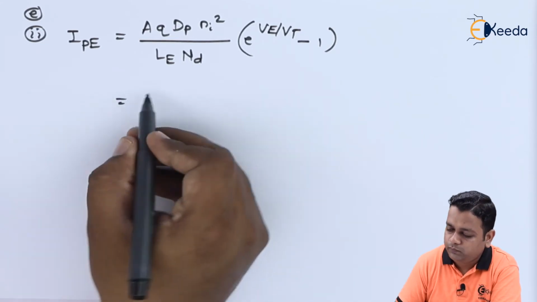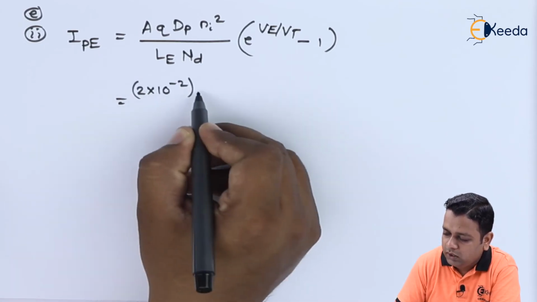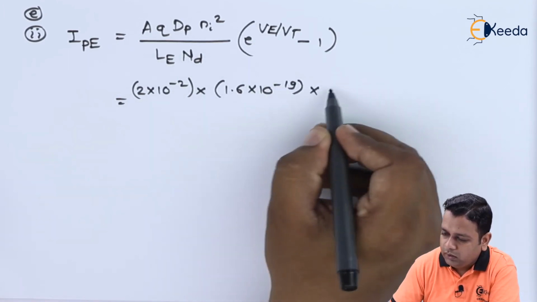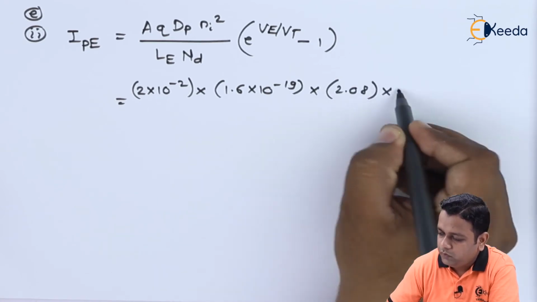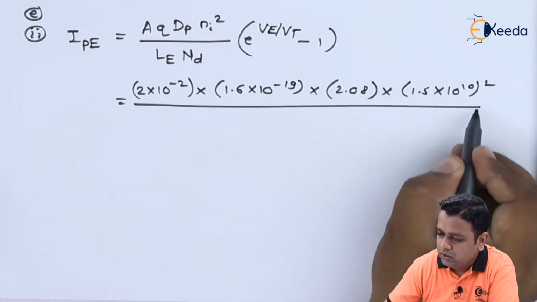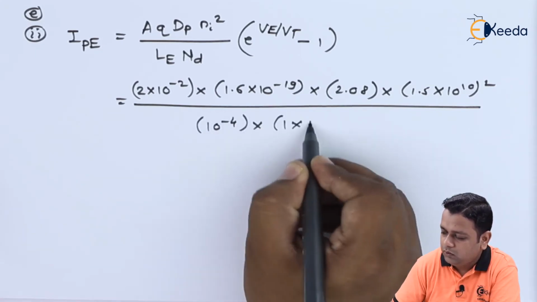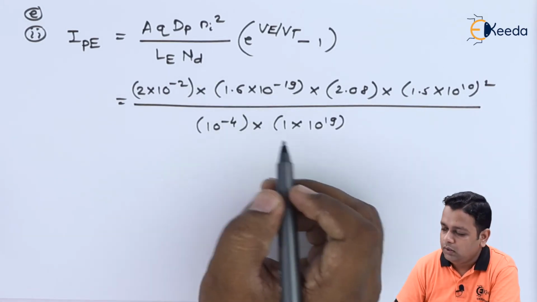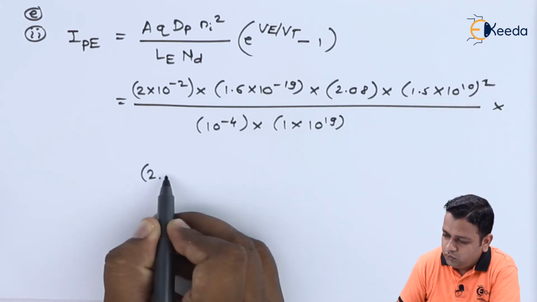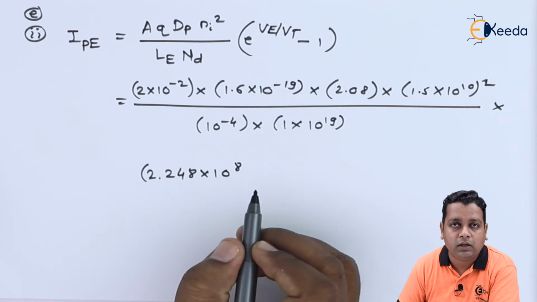So now we substitute the values. The numerator will be 2 into 10 raised to power minus 2 for A, into 1.6 into 10 raised to power minus 19 for Q, in multiplication to 2.08 into 1.5 into 10 raised to power 10, that is to be squared, and this is all divided by the multiplication of 10 raised to power minus 4 into 1 into 10 raised to power 19, the concentration of impurities here, and this is in multiplication to 2.248 into 10 raised to power 8 computed from the earlier answer of current.